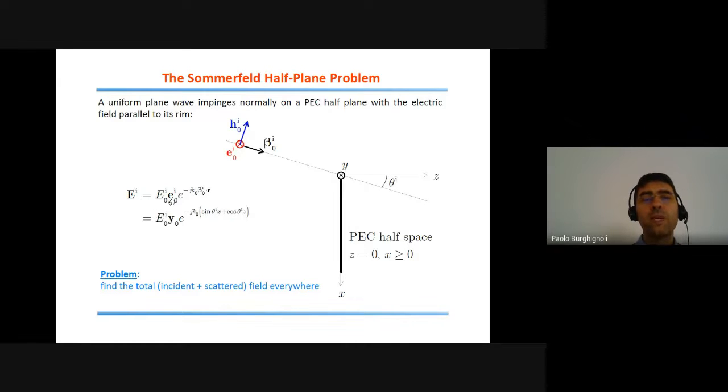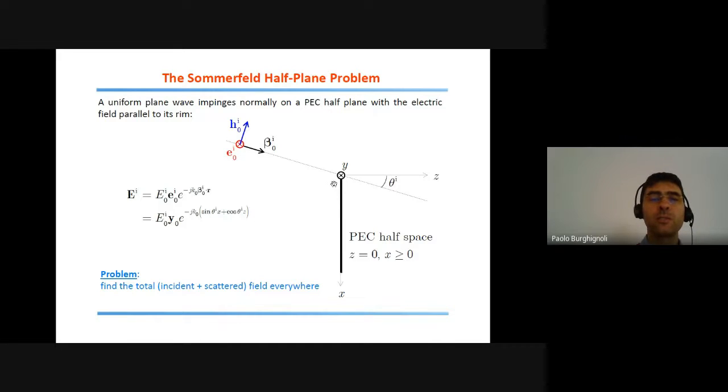Then there is the unit vector, which is the same as the unit vector of the y-axis. And finally, we have the dependence on the coordinates, which is a simple exponential, since we are dealing with a plane wave, where in the exponent you can see the appearance of the incident angle. The dependence, of course, is only on the x and z coordinates, since this is a normal incidence with respect to the y-axis.